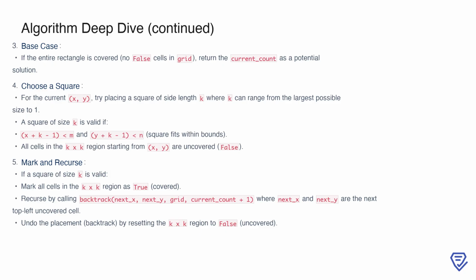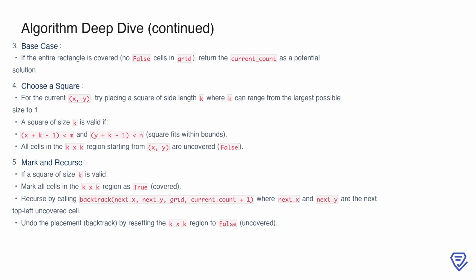The process begins with a base case. If all cells in the grid are covered, meaning no false values remain, then we consider the current_count as a possible solution. At each uncovered cell, we attempt to place a square, starting with the largest possible size that fits. For a square of side length k, we check two conditions: first, that the square fits within the bounds of the grid, and second, that all cells within the square are uncovered.